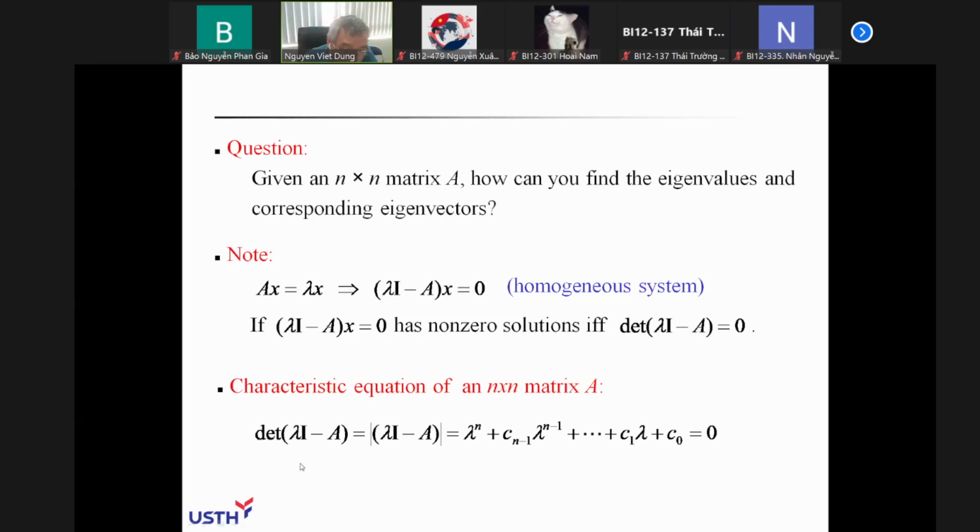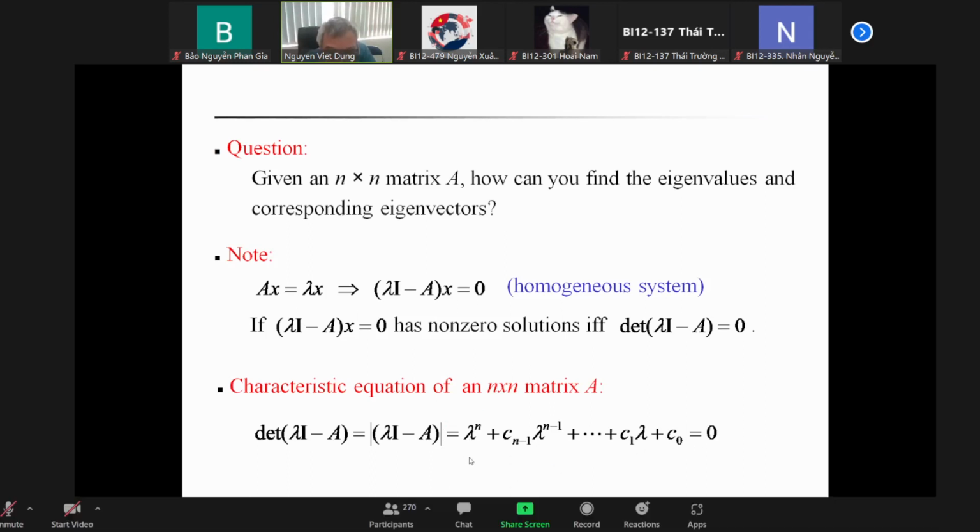So now we write it: lambda is an eigenvalue of A if lambda satisfies that equation. If we compute the determinant of lambda I minus A, it will look like this.